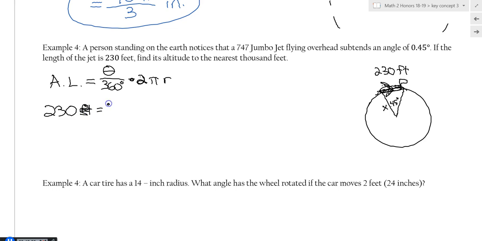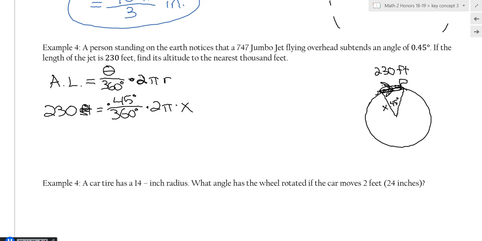My angle is 0.45 degrees over 360 degrees times 2 pi. And it's actually my radius that we don't know, that x there. Okay. So this is a little bit different problem. This is like when you're solving for the radius or the height, when we had volume problems, we knew the volume, right? Solve for the radius or the height there.